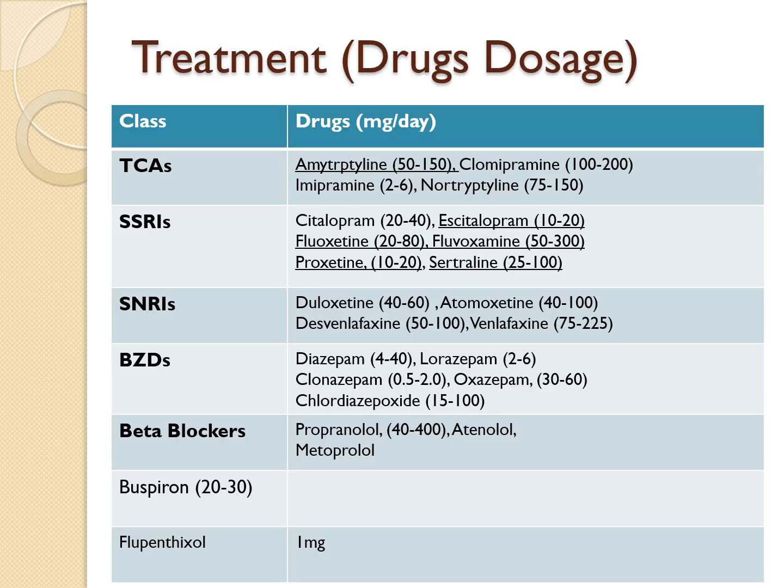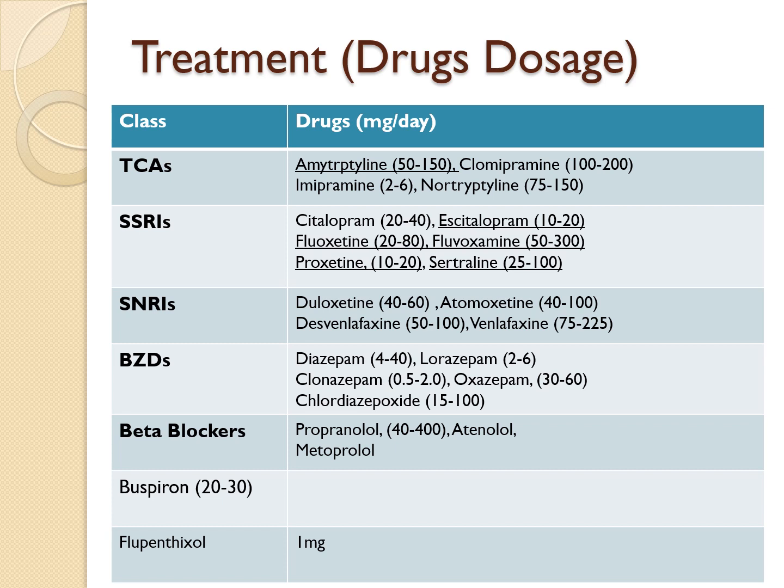The doses of these drugs are, for TCAs, amitriptyline 50 to 150 milligram, clomipramine from 100 to 200. SSRIs: escitalopram starting dose is 10 and can go up to 20 or 30. Fluoxetine is 20 to 80, fluvoxamine 50 to 300, paroxetine is 10 to 20, and likewise. In SNRIs, the commoner drug is duloxetine, which can be given up to 40 to 60 milligram, and desvenlafaxine from 50 to 100.